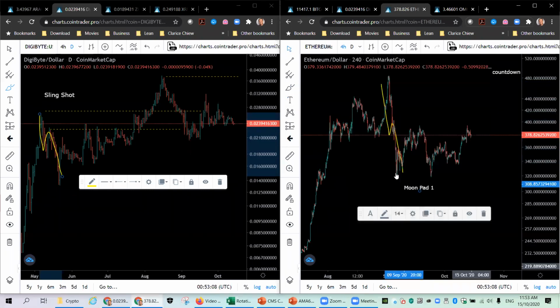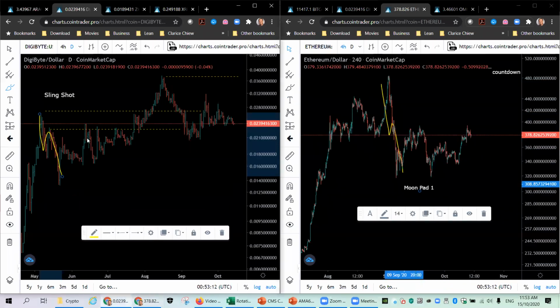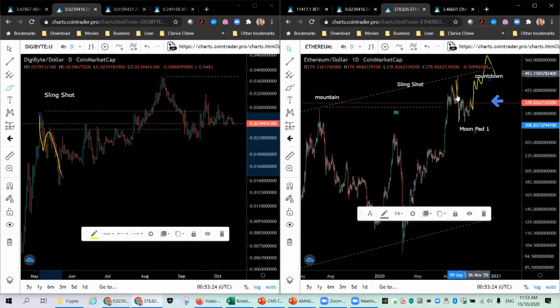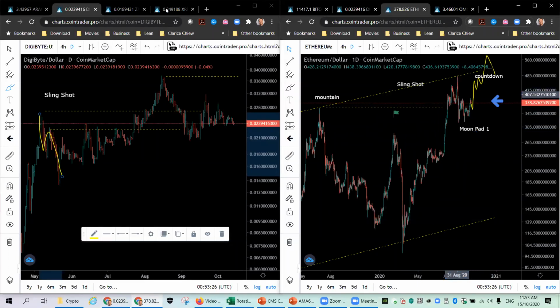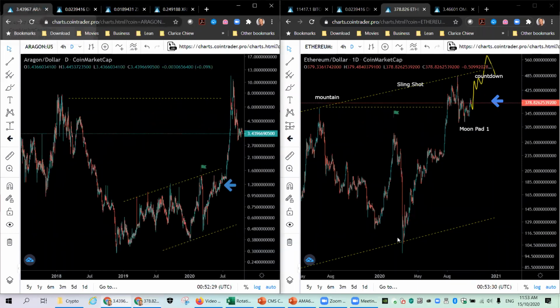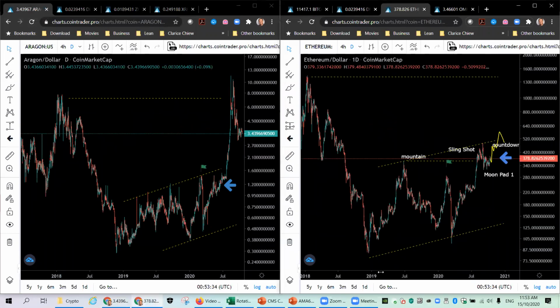The moon pad one is the lowest point in the price, and you can see that it would then start to push up with something similar to this pattern over here, which is what I was trying to draw just now. So yeah, okay. Let's zoom out a little bit.